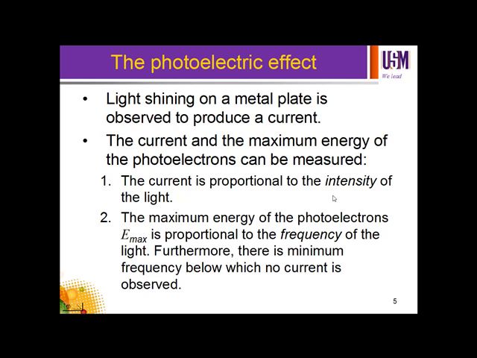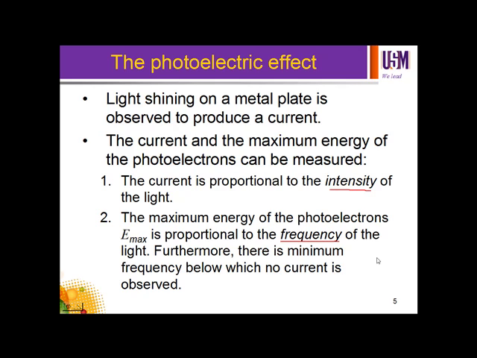The current and the maximum energy of the photoelectrons can be measured, and it was found that the current produced is proportional to the intensity of light. The maximum energy of the photoelectron, Emax, is proportional to the frequency of the light. So we have two parameters of light here: one is intensity, one is frequency.